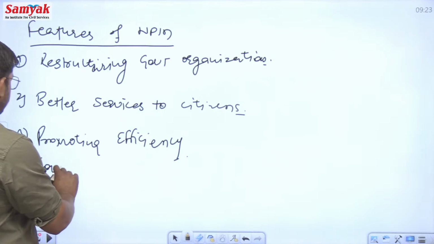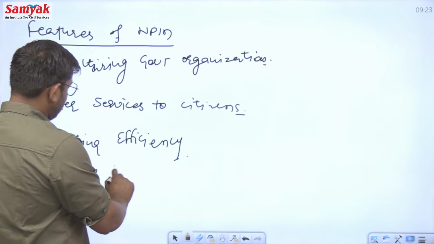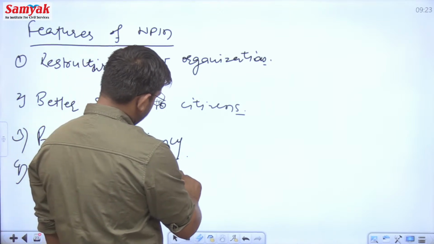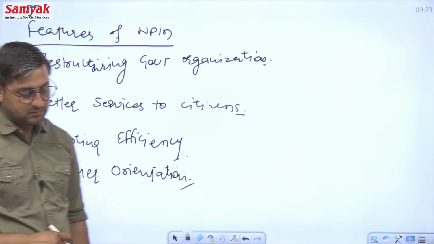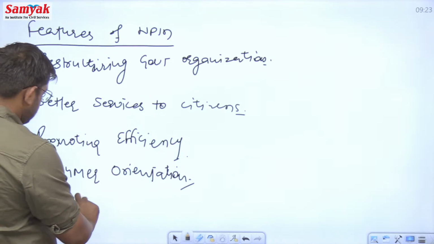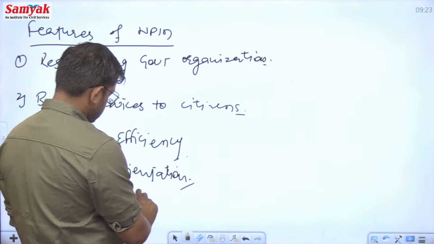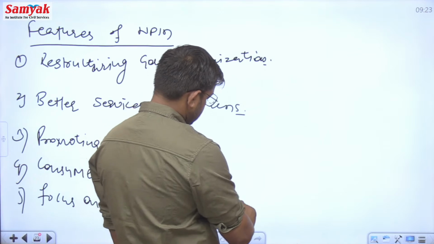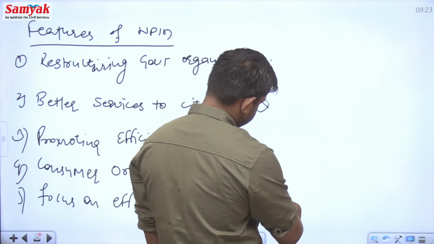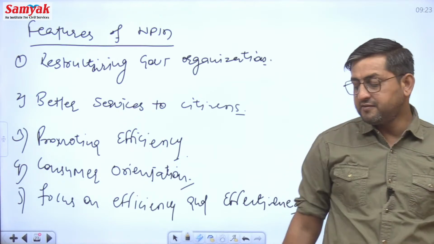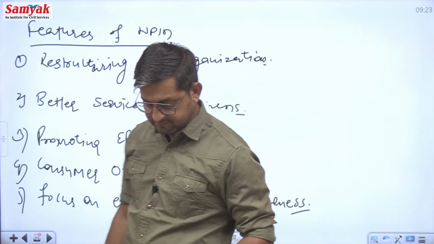That is, it wants to make the economic management consumer oriented, or consumer orientation. Similarly, it wants to focus on efficiency and effectiveness. So these are the principles and features of the NPM.